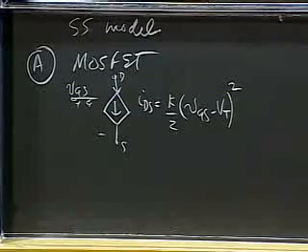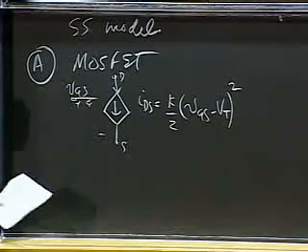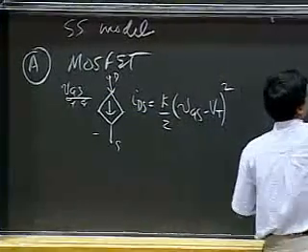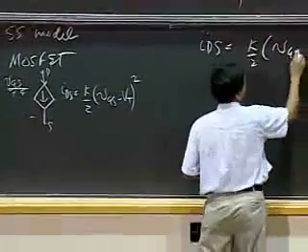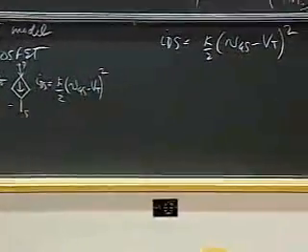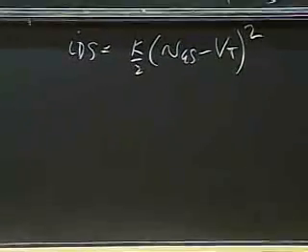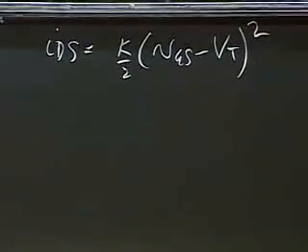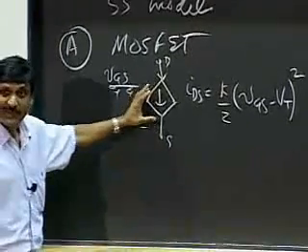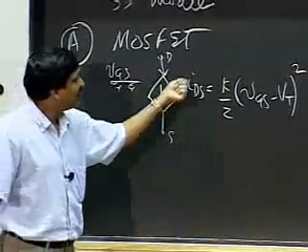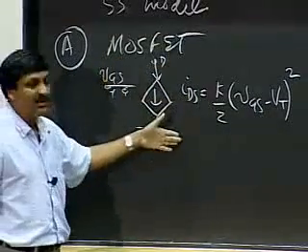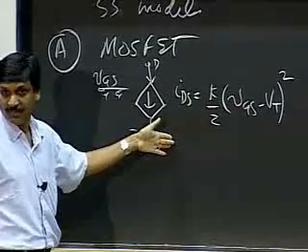So what's a corresponding small signal model? So I go ahead and start with this. The corresponding small signal model simply says that IDS relates to VGS in the following way. So all I have to do is find a small signal equivalent where I need to find out, given a small change in the input VGS, what is a small change in the IDS?